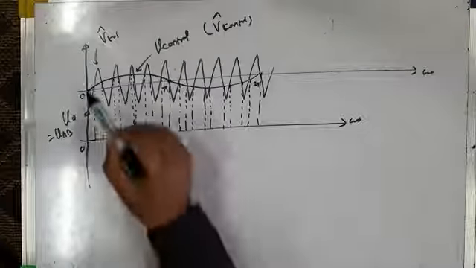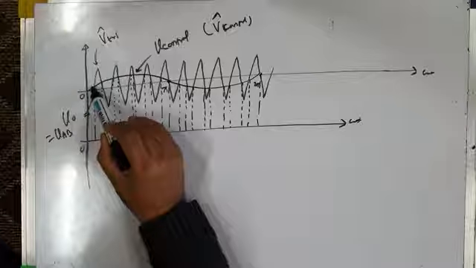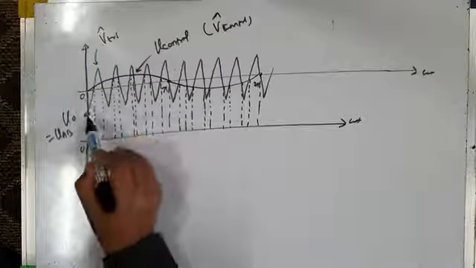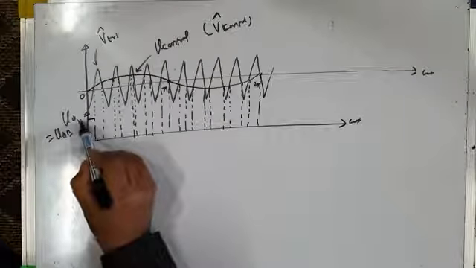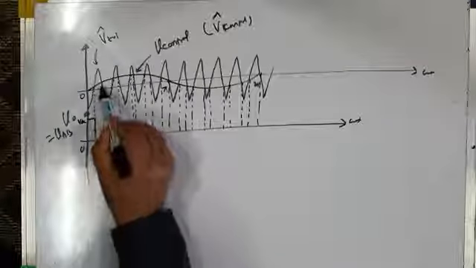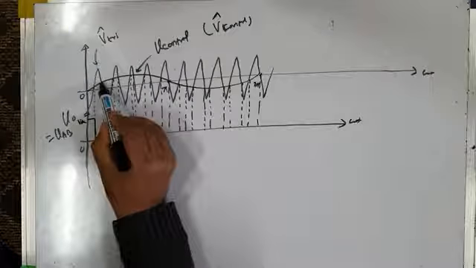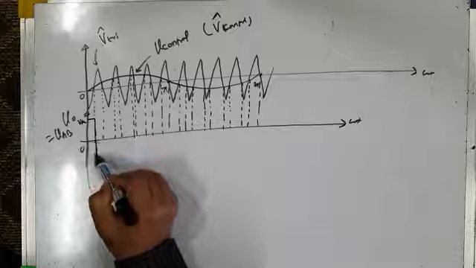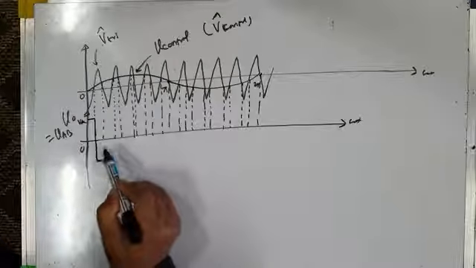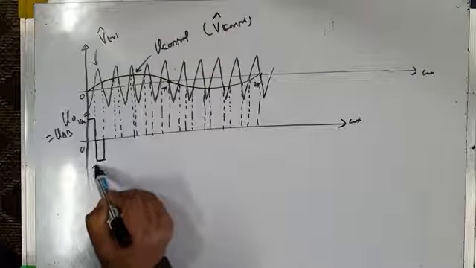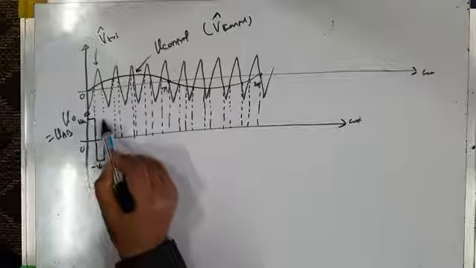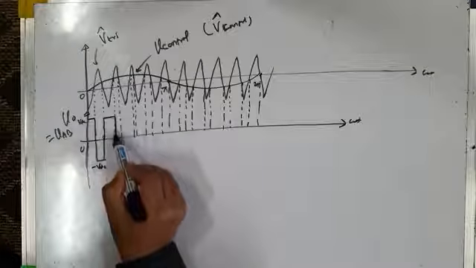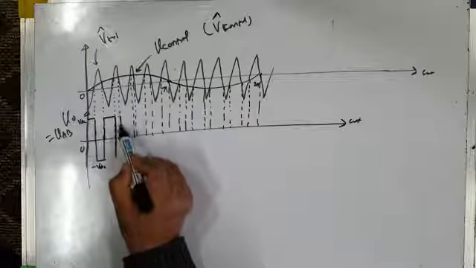Where the reference sine wave is higher in amplitude than the triangular carrier wave, the inverter output voltage is plus VDC. And during this interval, the triangular carrier wave is higher in amplitude than the reference sine wave, so the inverter output voltage is minus VDC. Minus VDC, I'm writing here, and then we can continue like this, plus VDC and minus VDC.